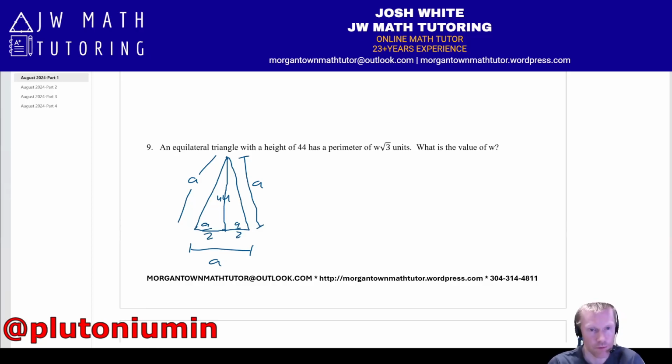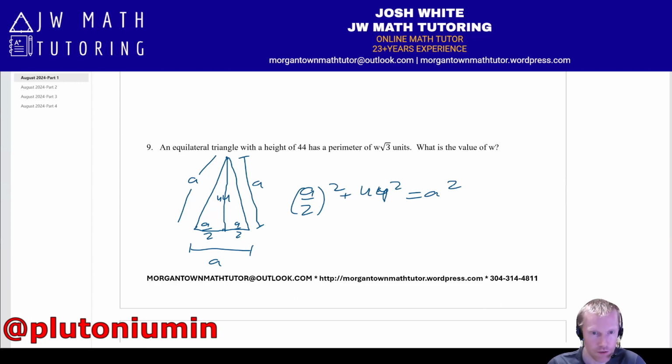It's going to be a over 2 because the equilateral triangle's height cuts it into 2 congruent 30-60-90 triangles. So essentially what you do is use the Pythagorean theorem: a over 2 or x over 2, either one, squared, plus 44 squared is equal to a squared, the hypotenuse.